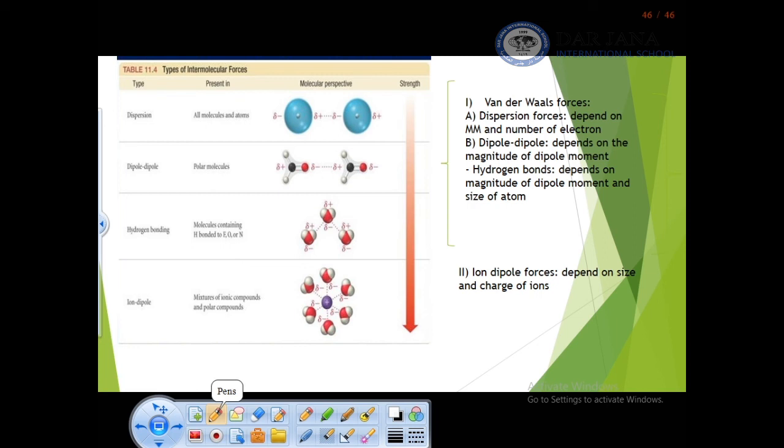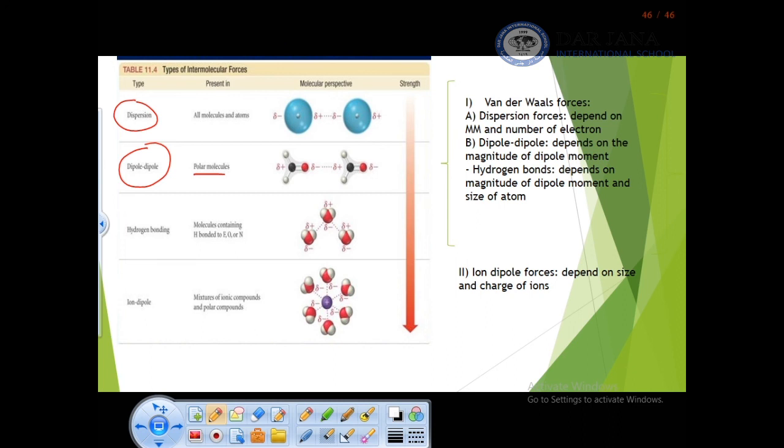Look at the example. We have the dispersion forces, which occur in molecules and atoms, and the strength increases going down. So dipole-dipole comes after the dispersion, with polar molecules.